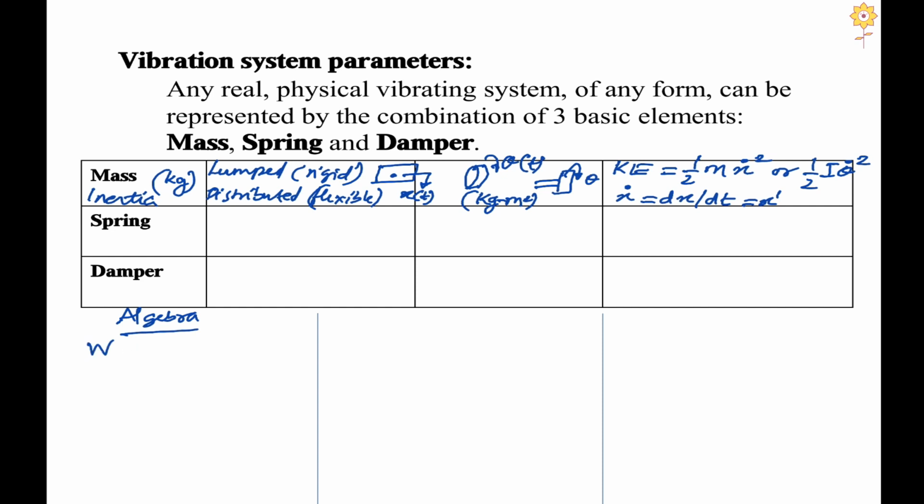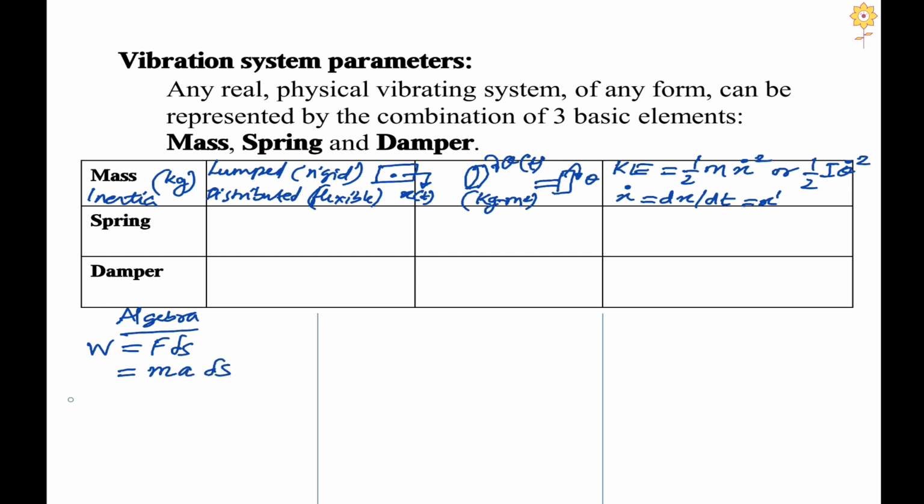We have the work done on a body by a force which is moving the body by some displacement delta s, given by force multiplied by the incremental distance. Incorporating Newton's second law of motion, we have the force as mass times acceleration into delta s.